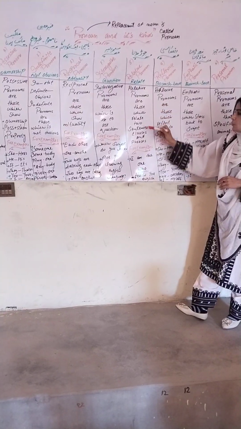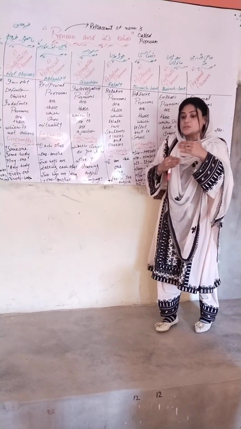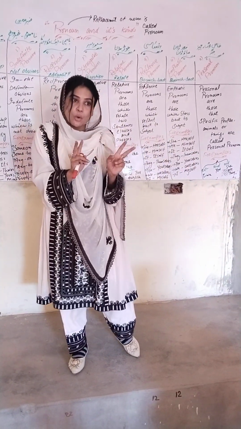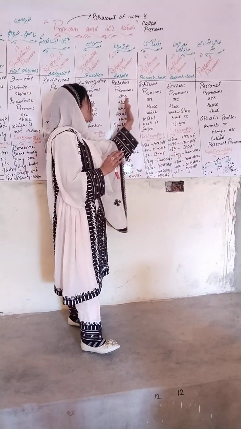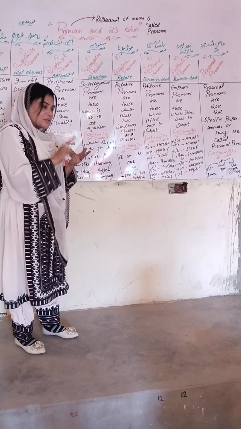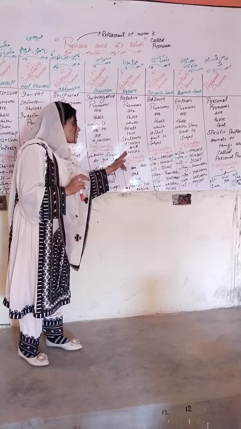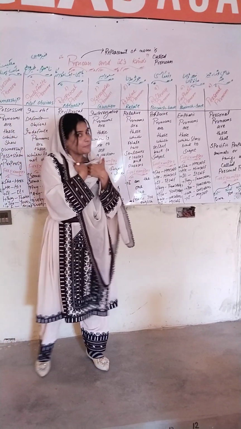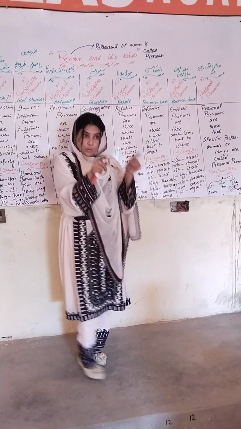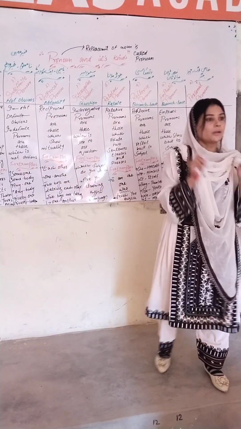Relative pronoun means to relate two sentences. What do you call joining two things together? Relative pronouns are those which relate sentences, clauses and phrases. For example, I am the one who is your teacher. I am the one who is teaching English in the class.